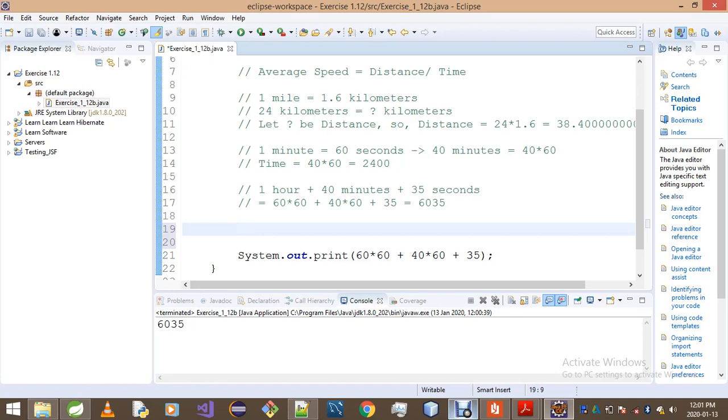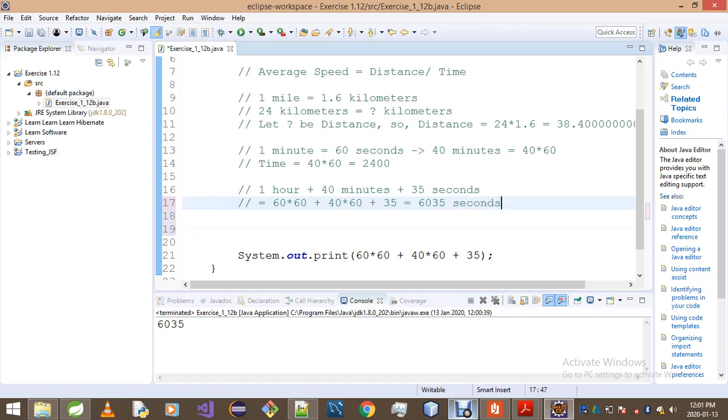Okay, I mean, based on our equation, we did find that average speed is equal to distance over time. So if we actually convert this whole thing, these seconds, because right now we have, this is 3600 seconds.